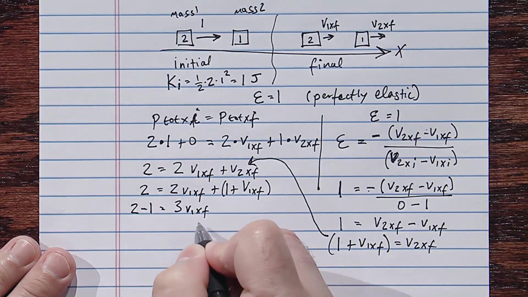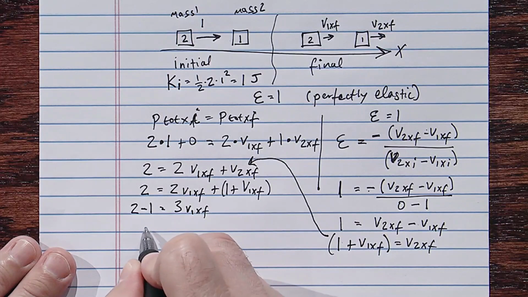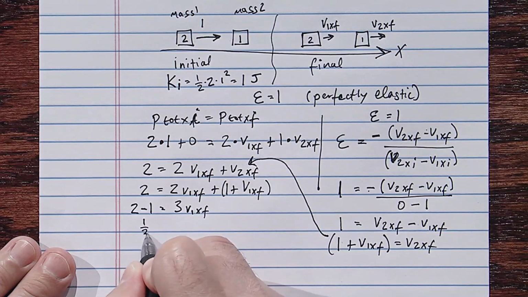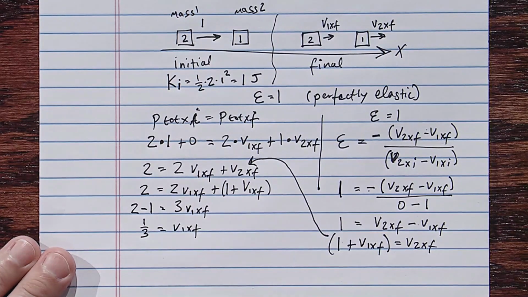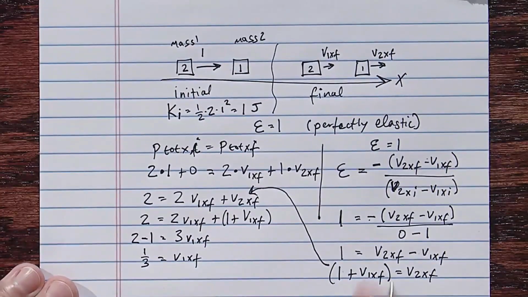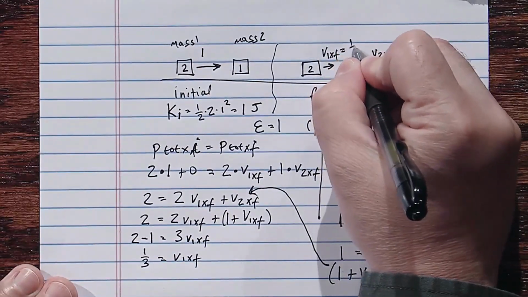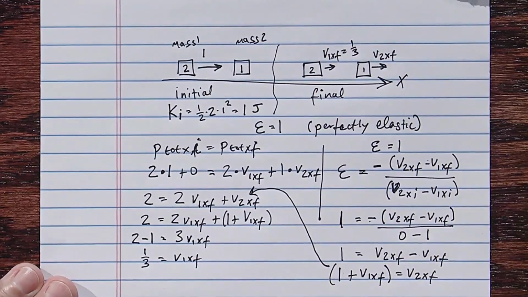Which tells me that 2 minus 1 is 1. I'll divide both sides by 3. 1 over 3 is equal to V1x final. So V1x final is 1/3 of a meter per second for our first object, our 2 kilogram mass.